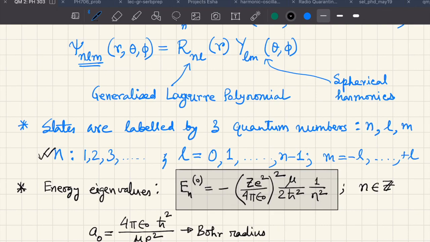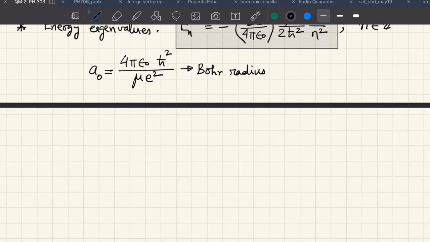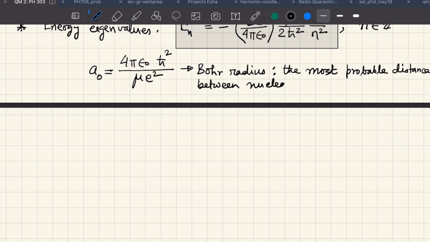Okay, so that is the physical significance of this Bohr radius.